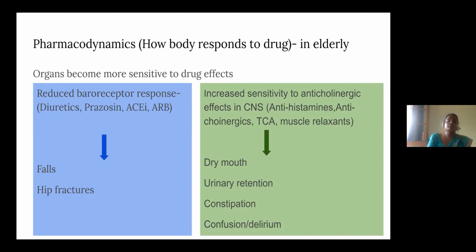For example, with reduced baroreceptor response, treatment with diuretics, or drugs like ACE inhibitors and ARBs, patients develop postural hypotension, and that leads to falls and hip fractures. On the other hand, there is increased sensitivity to anticholinergic effects in the CNS from drugs like antihistamines, anticholinergics, tricyclic antidepressants, and muscle relaxants, which leads to dry mouth, urinary retention, constipation, confusion, and delirium.